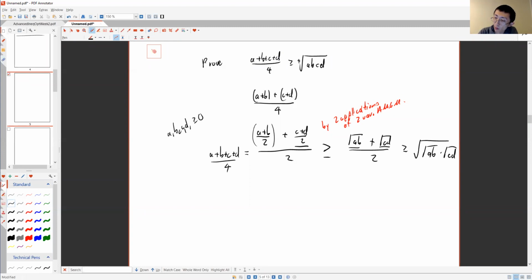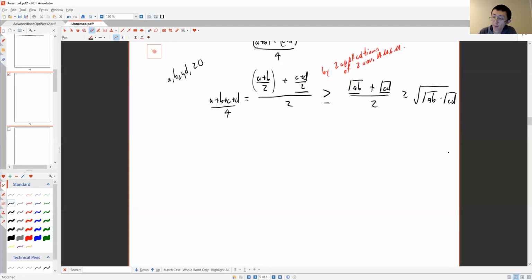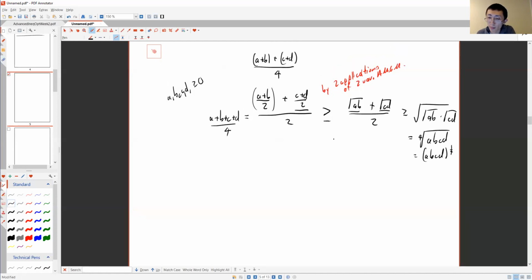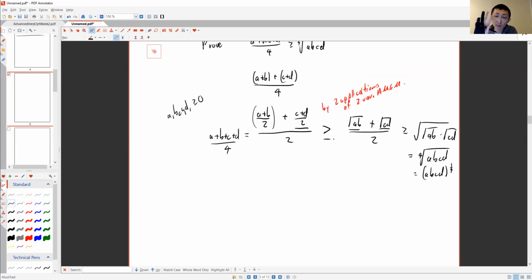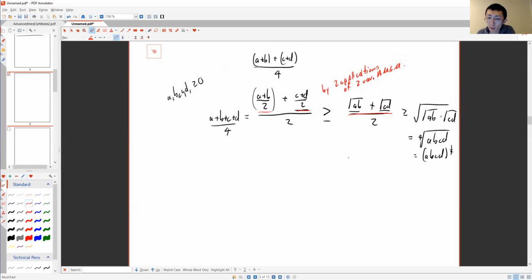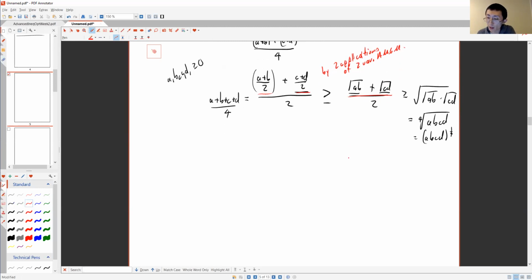And that's exactly what we want to prove. It's probably easier just to write ABCD to the 1/4, but a lot of people in textbooks will write it with the radical sign, so I'll do the radical sign sometimes. So we applied AM-GM 3 times, once here, and once in this step. And 3 applications of 2 variable AM-GM gave us the 4 variable case.